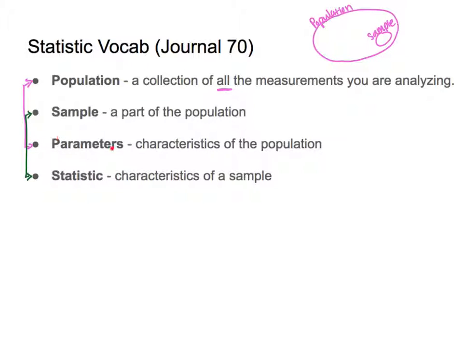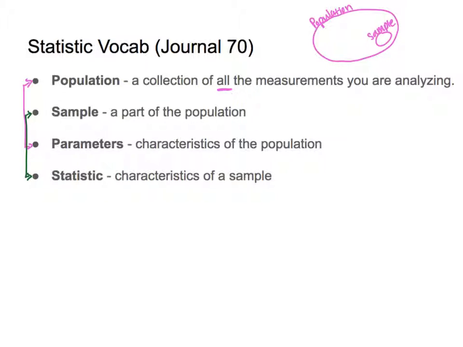So I wouldn't be able to get a parameter because I can't grab everyone in Norman, the population, but I can grab the sample and do a statistic. So that's how I can use some of the vocabulary. I hope that gives you a little better idea of the difference between population and sample.